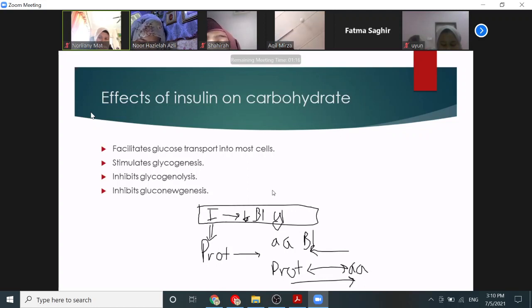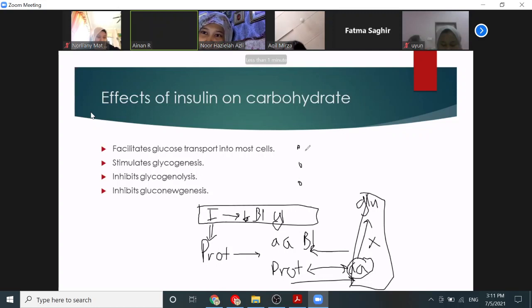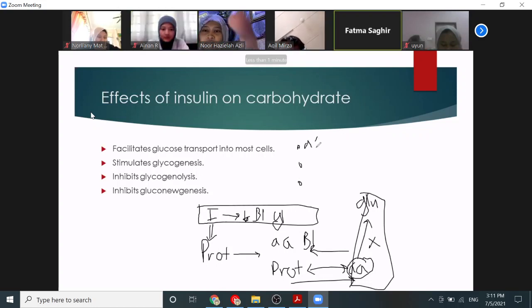Yes. Okay. How about amino acids? If we have some amino acids, what would happen to them? Our body can use them to produce glucose, isn't it? So what is insulin doing here? Inhibit the gluconeogenesis. Are you agreed or not? Yes, agreed, doctor.